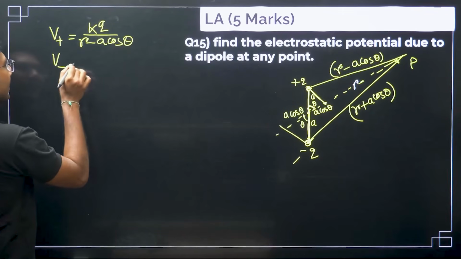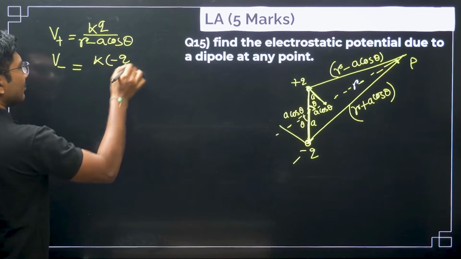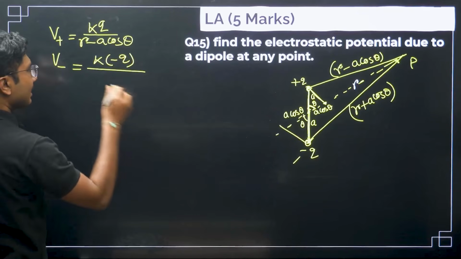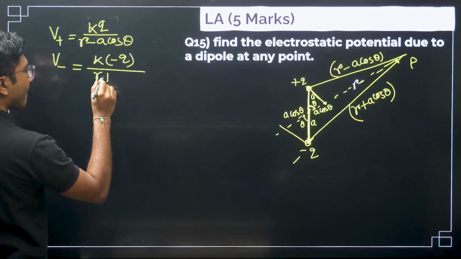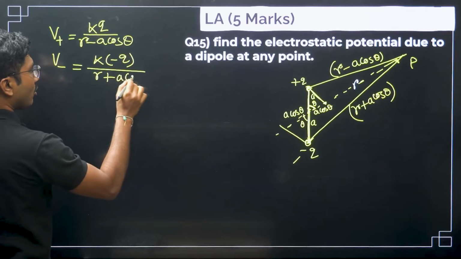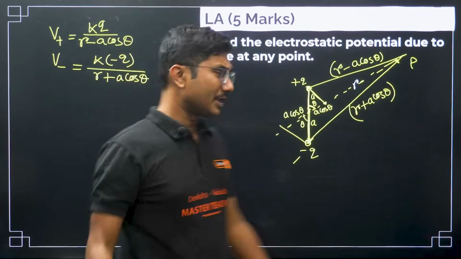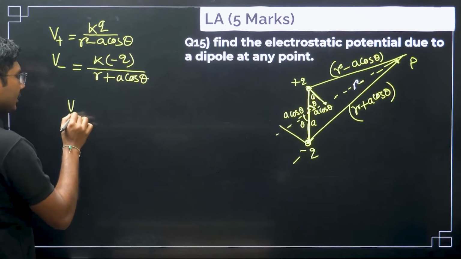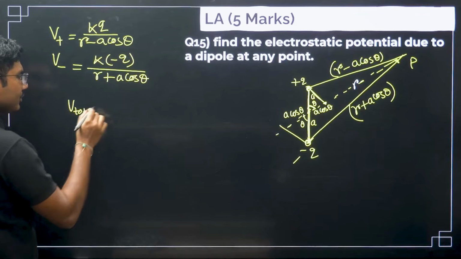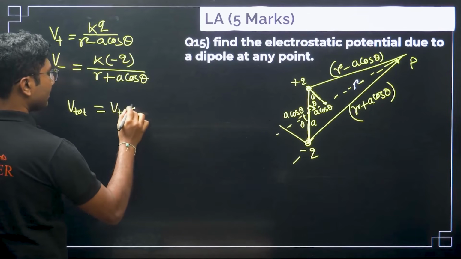The potential due to the negative charge is minus KQ by the distance r plus A cos theta. So this is the negative charge. Now what is the net potential? The net potential is given by V plus V minus.